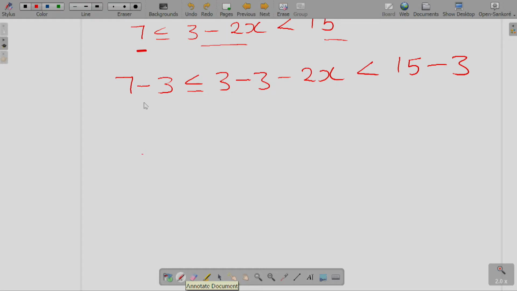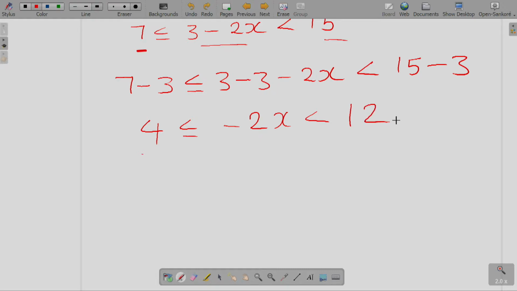Okay, so 7 minus 3 equals 4, 3 minus 3 equals 0, so it will remain only negative 2x, and 15 minus 3 gives us 12.